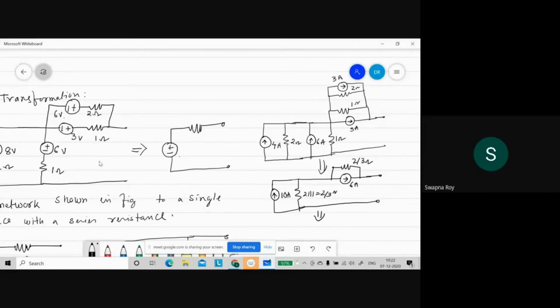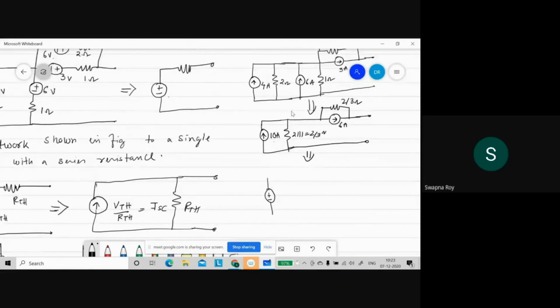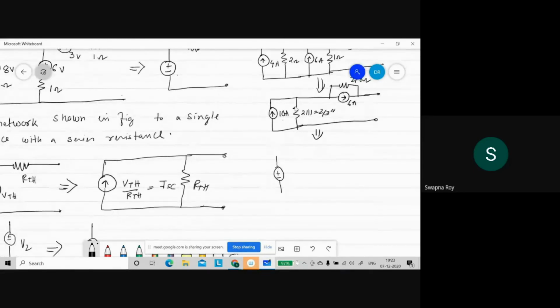Now I'm converting this to an equivalent voltage source. So V is equal to IR. Ma'am, could you repeat how you simplified the circuit in the last step? Sure. Can you see this is 4 ampere and 6 ampere, both are in the upward direction.